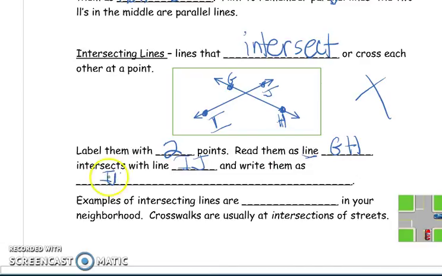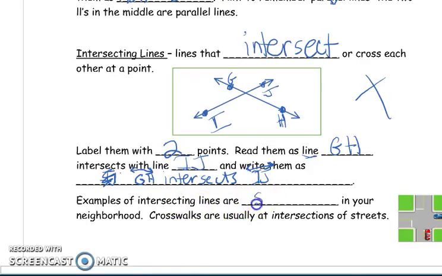Oops, sorry, let me start over. Line GH, and I have to put the little arrow symbol above it, intersects, and you just write the word. There's no little symbol for that. Line IJ. Okay, and I put the little arrows above that. Make sure you have all of your labels properly.